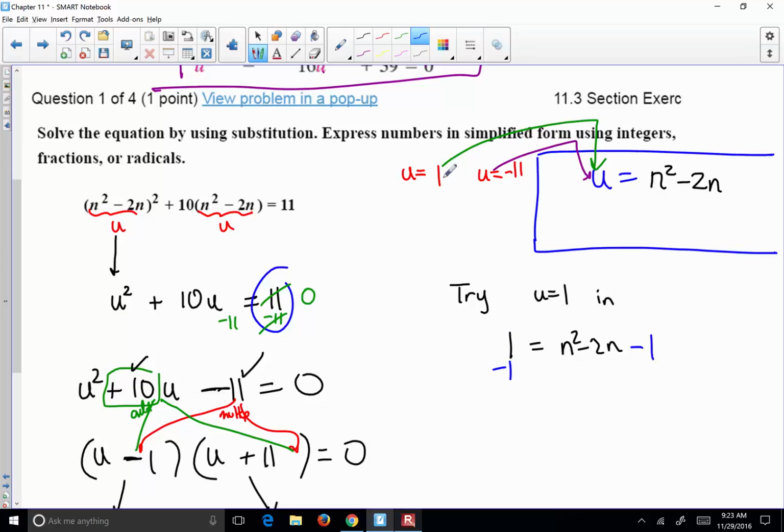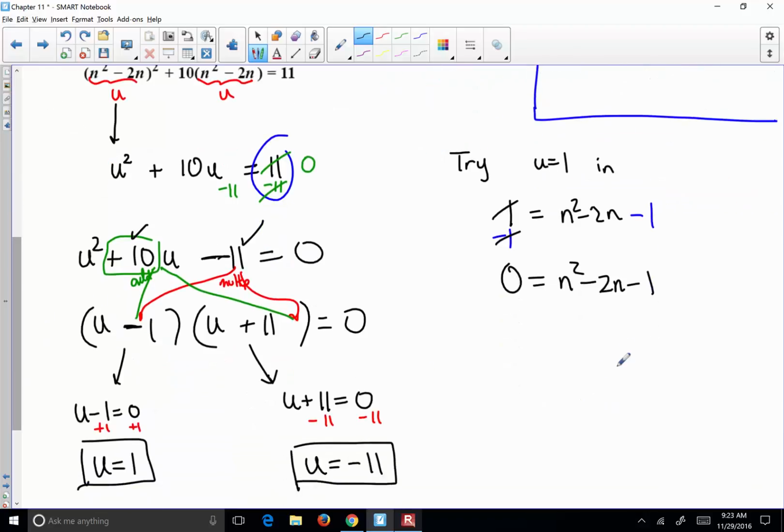So I will subtract 1 from each side and get this side 0. Now you have all three terms present on the other side. Now, which method do you want to try? You can do the quadratic formula. You can do factoring, just like here. So try.